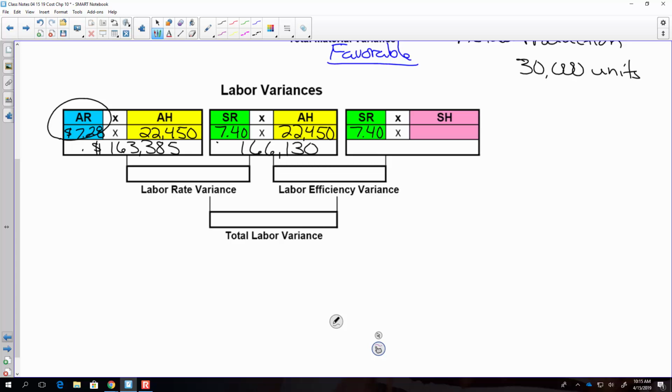Favorable, right? Yeah, because I'm actually lower than my standard. So it should be favorable. The difference is 27.45. Perfect.